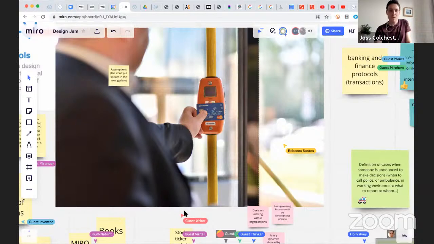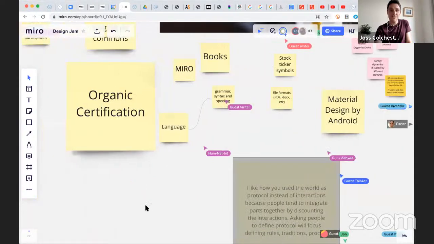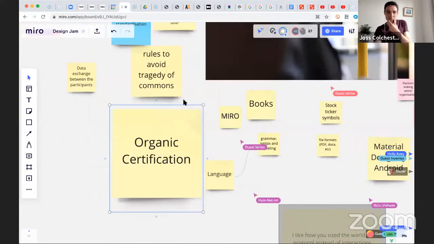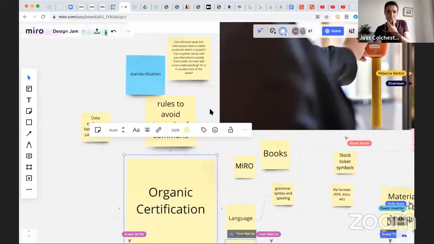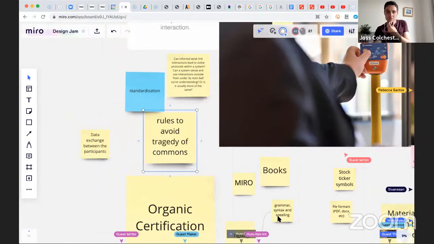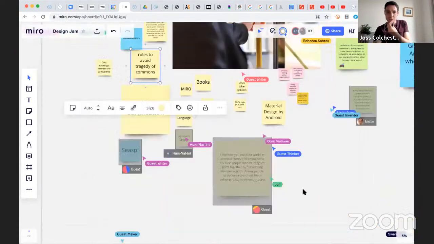Books, Miro, language for sure. Organic certification. Anybody want to talk on that? Or rules to avoid tragedy of the commons. What's this one?